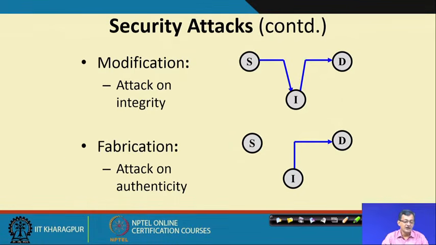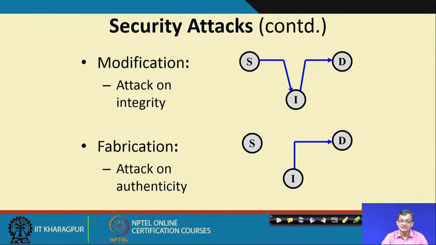There can be an attack by modification. S is sending something to D, it is intercepted and modified by I and sent to D. So, it is an attack on integrity of the data.